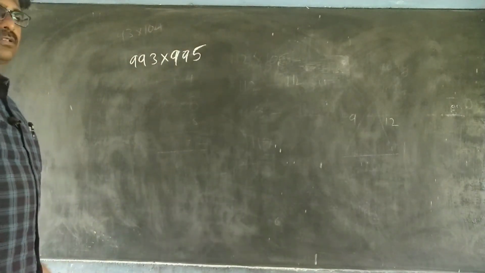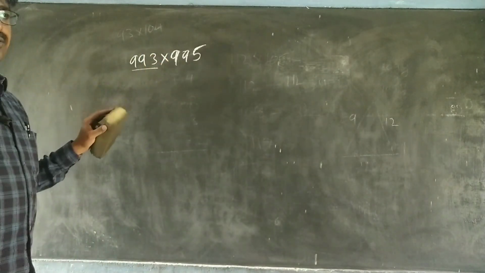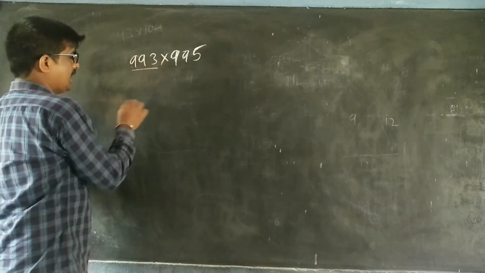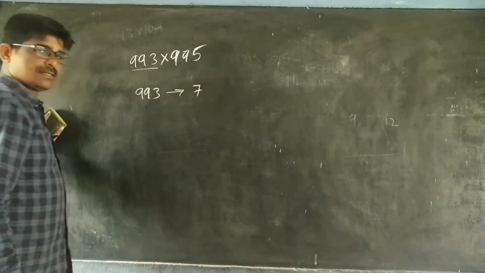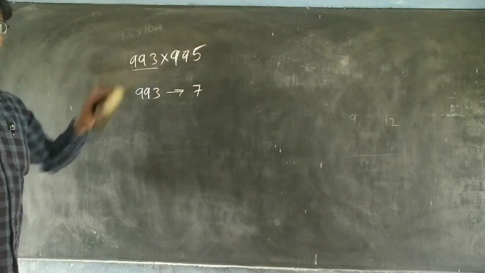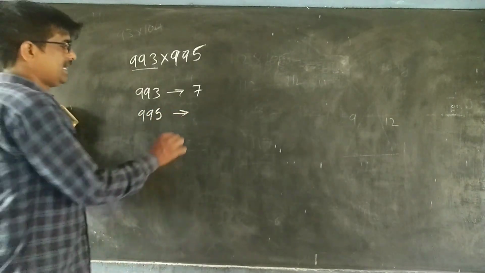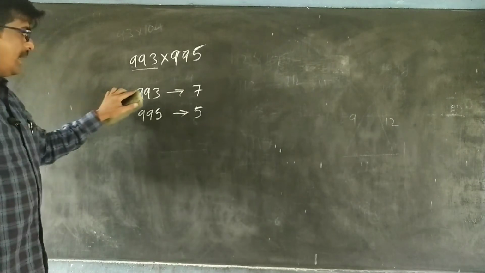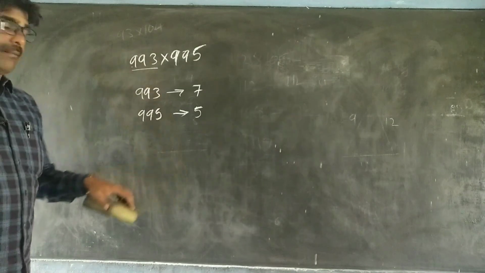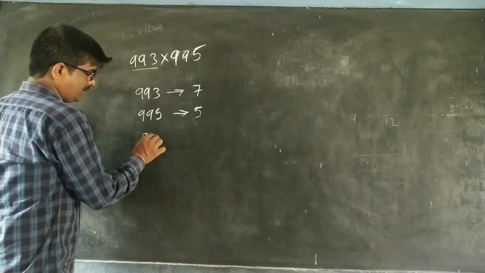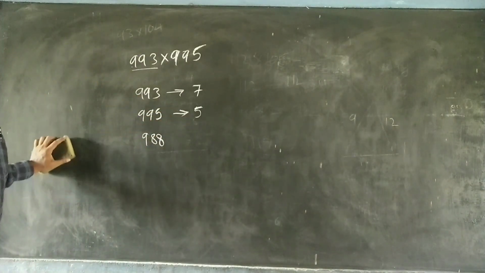Here the base is 1000. 993 is 7 less than 1000, and 995 is 5 less than 1000. 993 minus 5, because it is less than 1000, that's why doing minus, is 988.